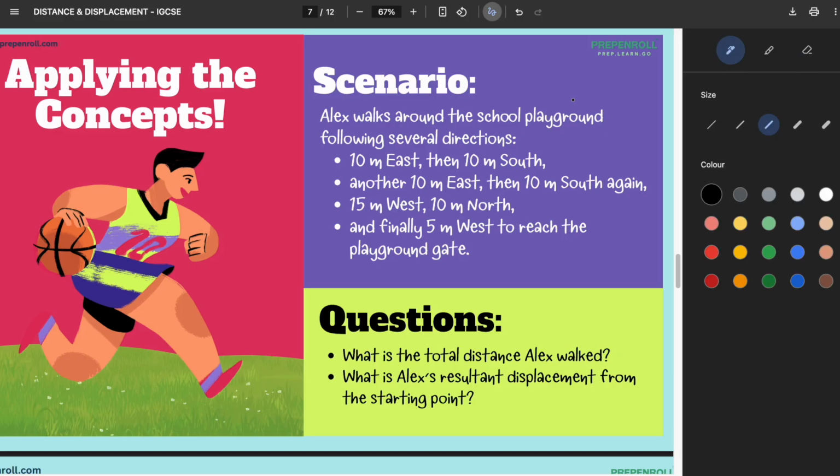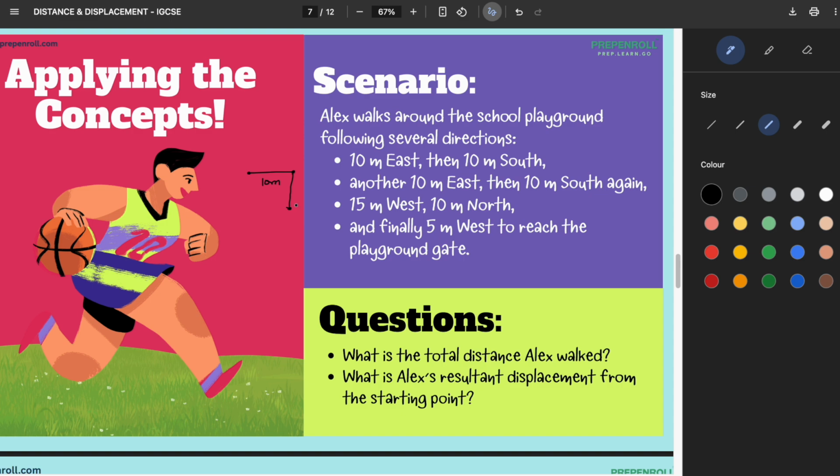Okay guys, let's apply these concepts. Alex walks around the school playground in several directions. Let's say he started from point O. So you have 10 meter east, correct? Then 10 meter south, going downward.